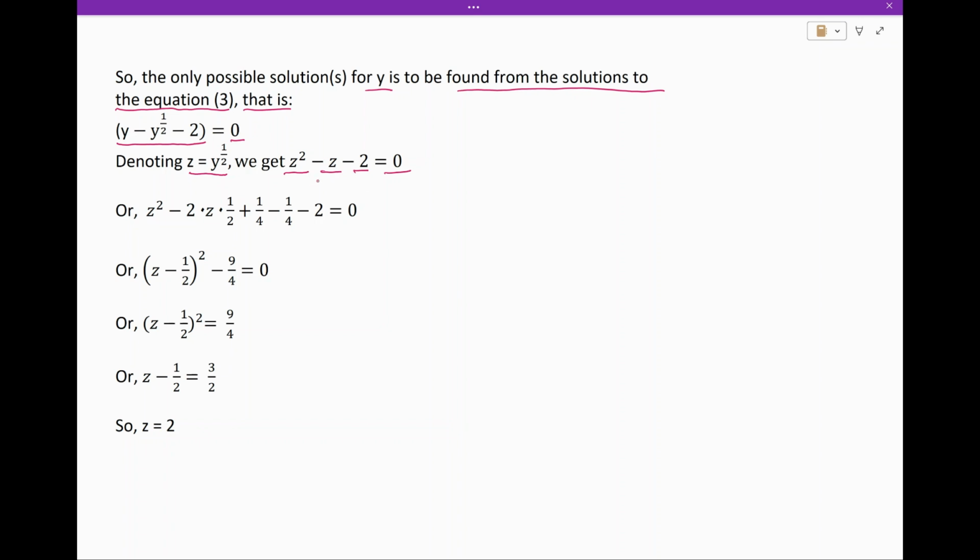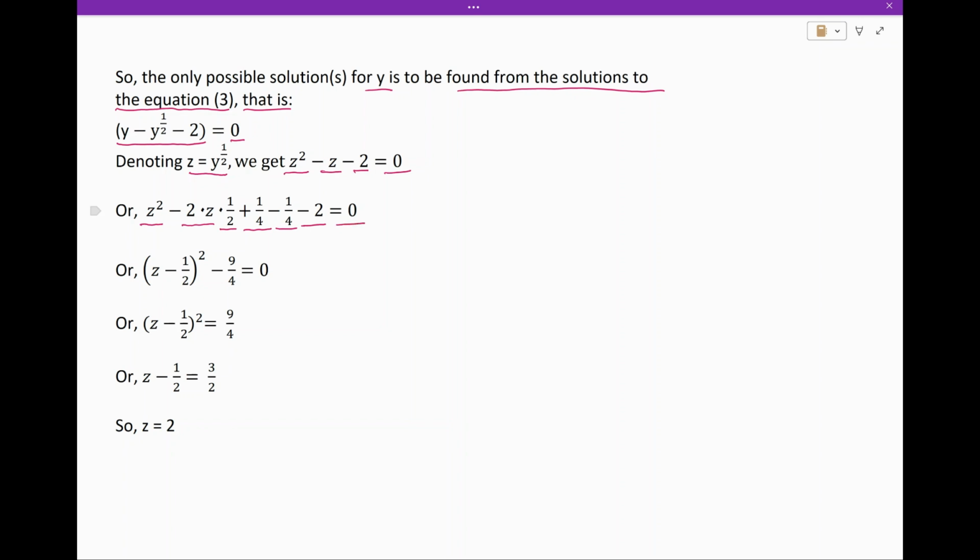On the left hand side, we have made a little jugglery to express it as the difference of two squares, that is, we write the left hand side as z square minus 2z multiplied by half plus 1 by 4 minus 1 by 4 minus 2 is equal to 0.